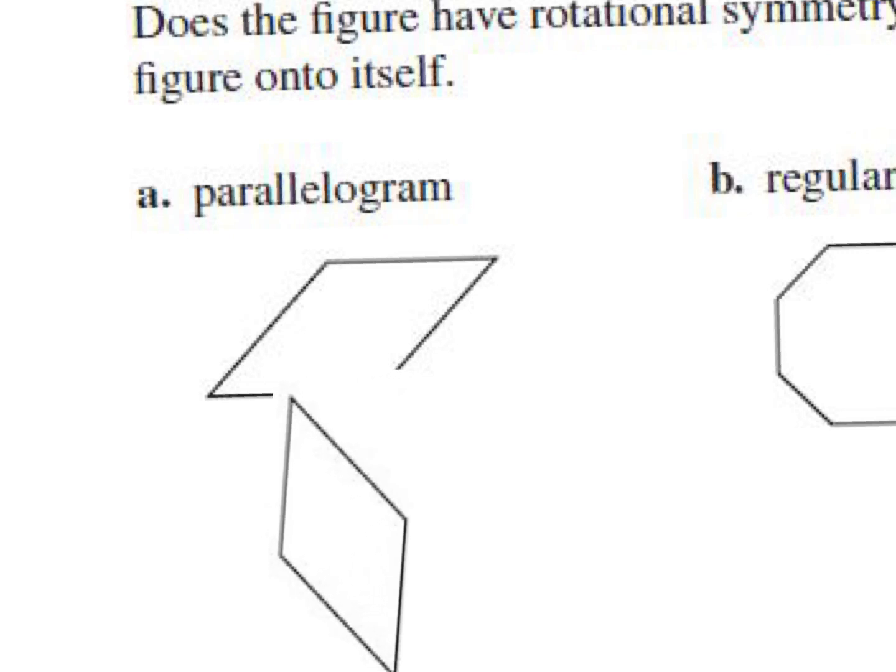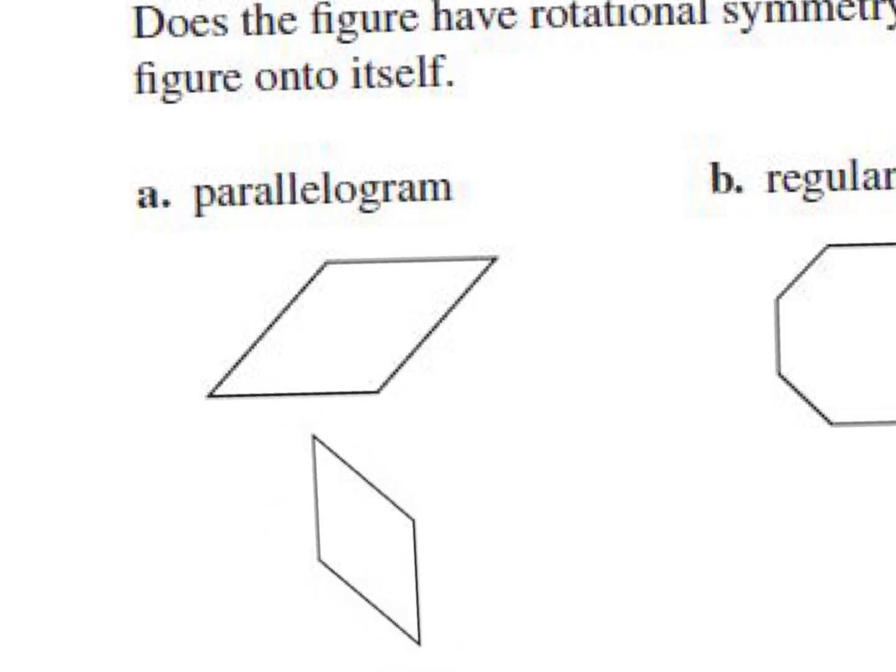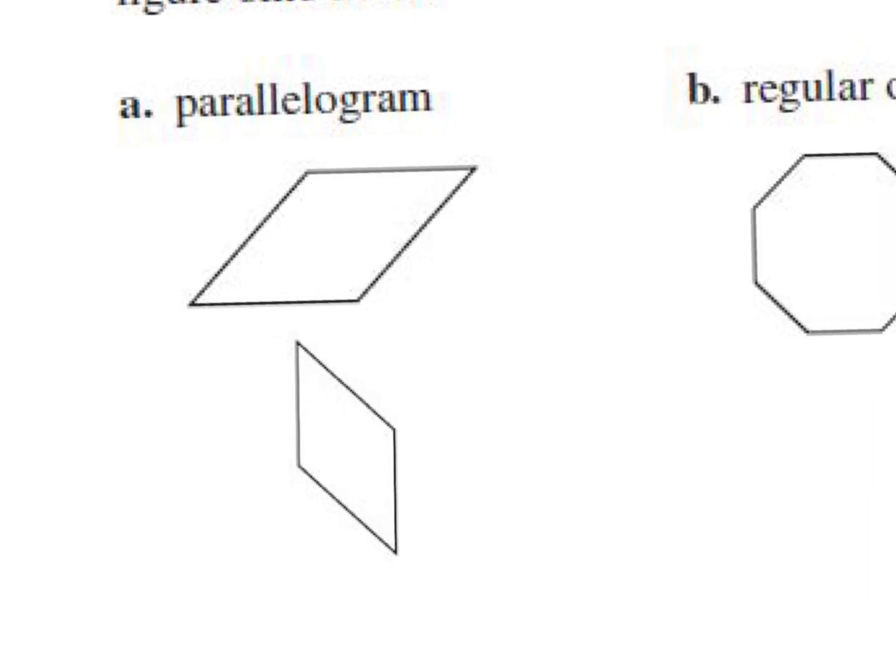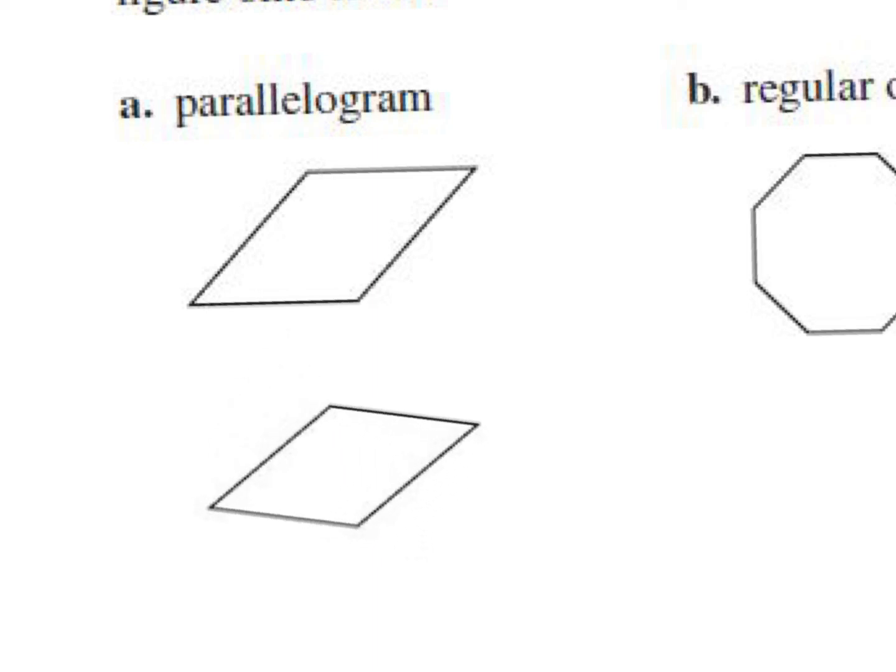If I rotate it 90 degrees, is my figure the same? Are these two the same? No, they're not, okay? What's different? Well, the jagged edge is pointing up. Do you guys see that? Rotated another 90. How many degrees have I rotated it now? 180. Is it the same? So what's my rotational symmetry?